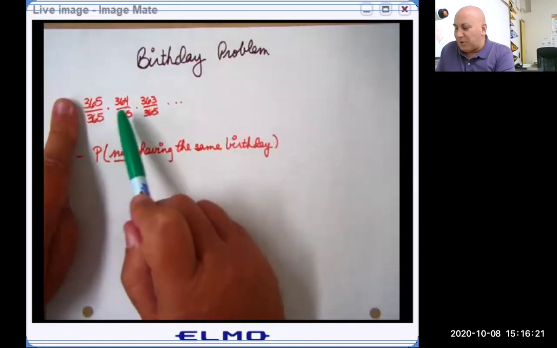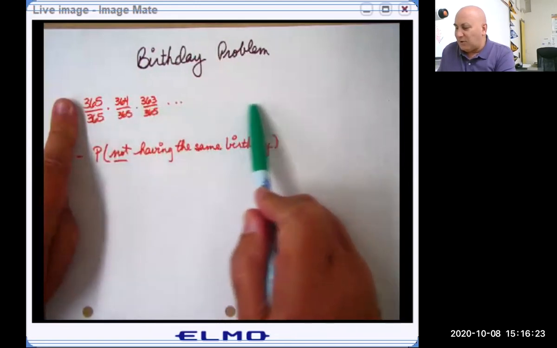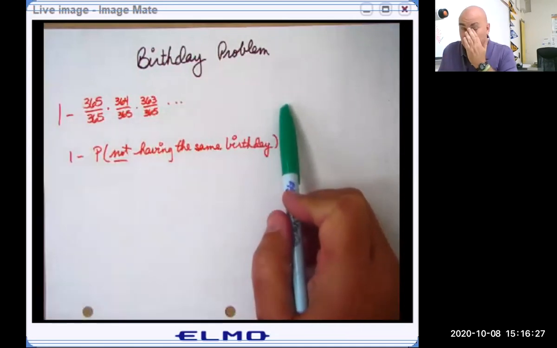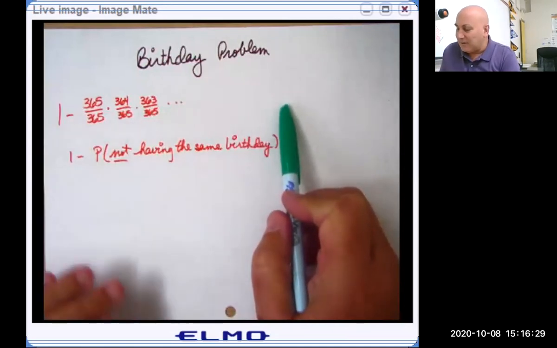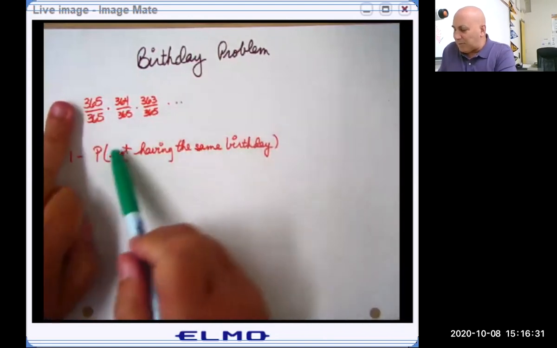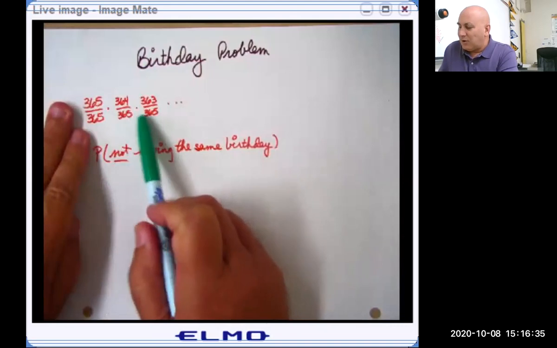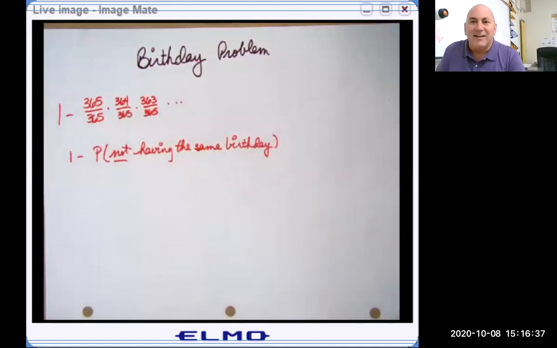You keep multiplying these together until the probability gets to 50% or very close to it. It won't be exact. I just said this is the probability that people do not have the same birthday, so 1 minus that must be the probability that at least two people do.